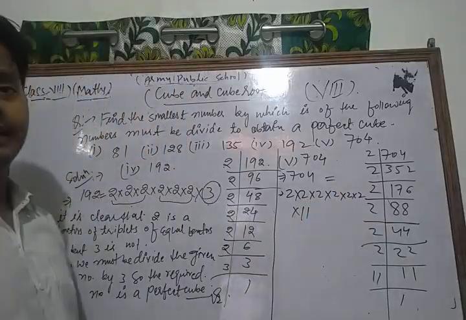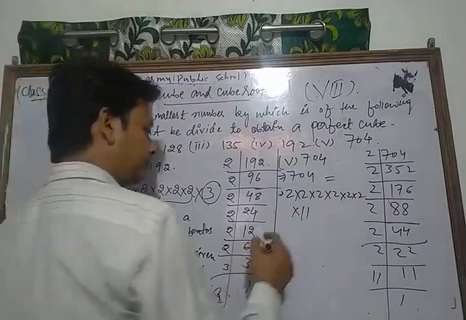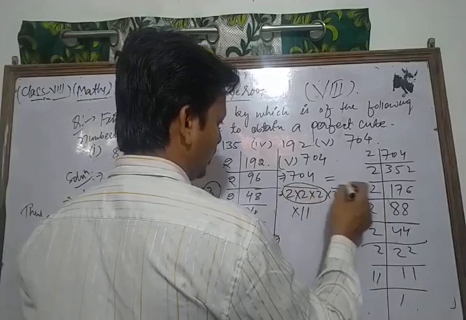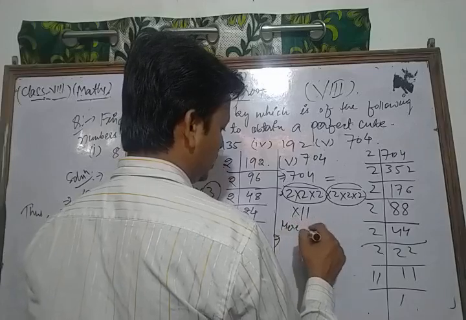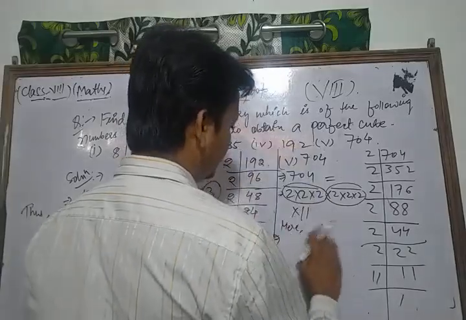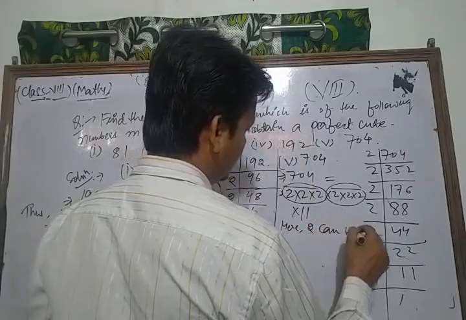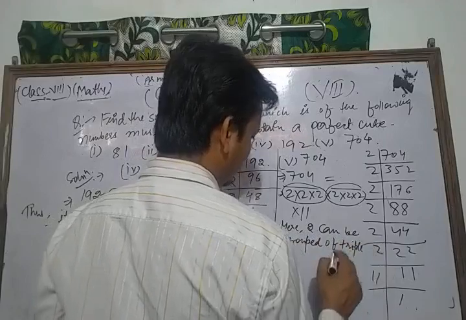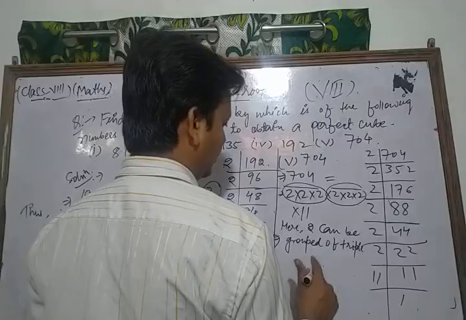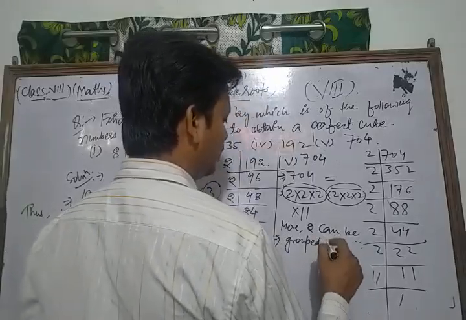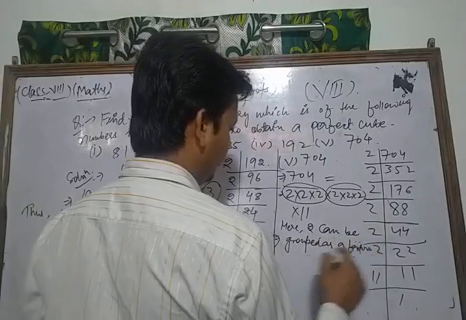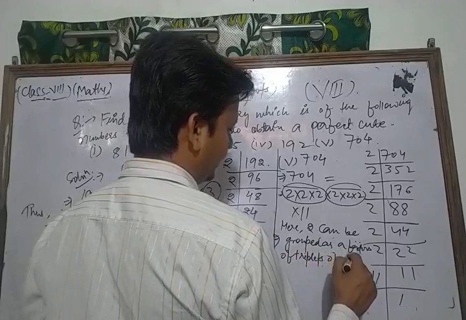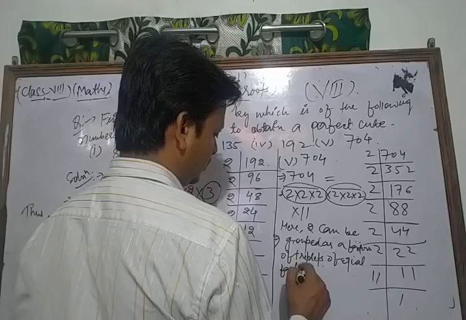Now what I get, dear friends, let's see here, we observe that 2 can be grouped as factors in triplets of equal factors, na?